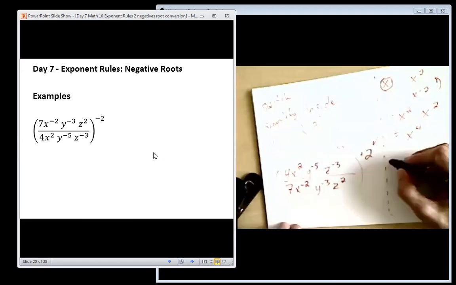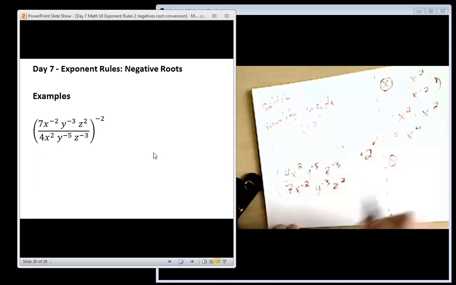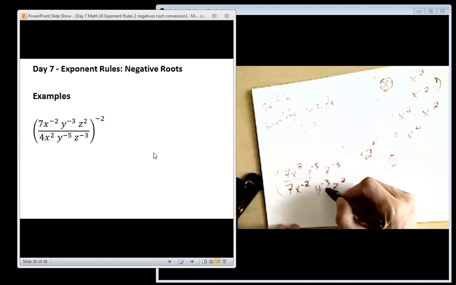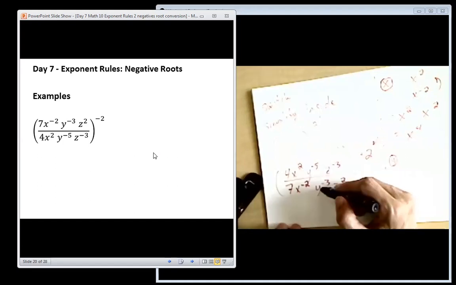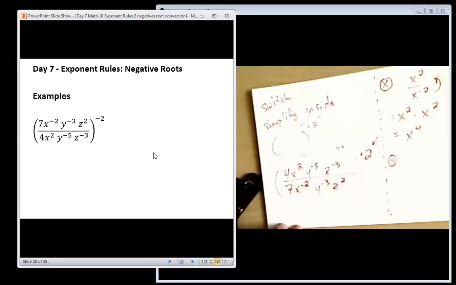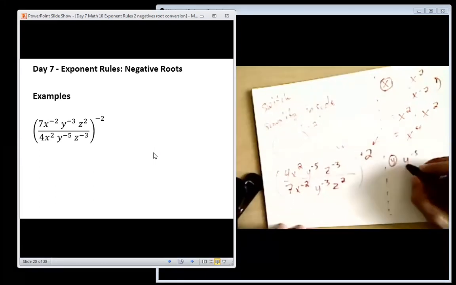What about the y's? So -5 there and a -3 like that. Let's move this one. Move that one up, this one down, and then simplify them, eh? So we got y minus 5, y minus 3. That's a 3 there, that's a 5.